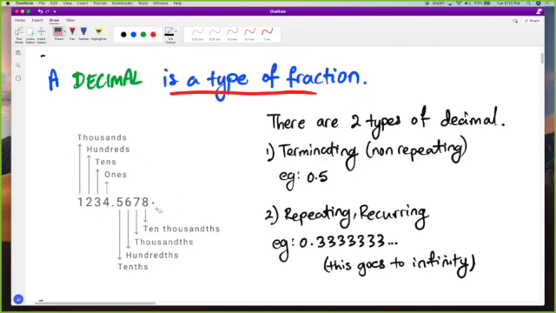A decimal often involves the whole number part, and then there is a point, and then there is the decimal or the fraction part. So the part after the point represents the fraction, right? And you can see this diagram here shows the placement values. So the whole number, you can see we have the ones, the tens, the hundreds, and the thousands.